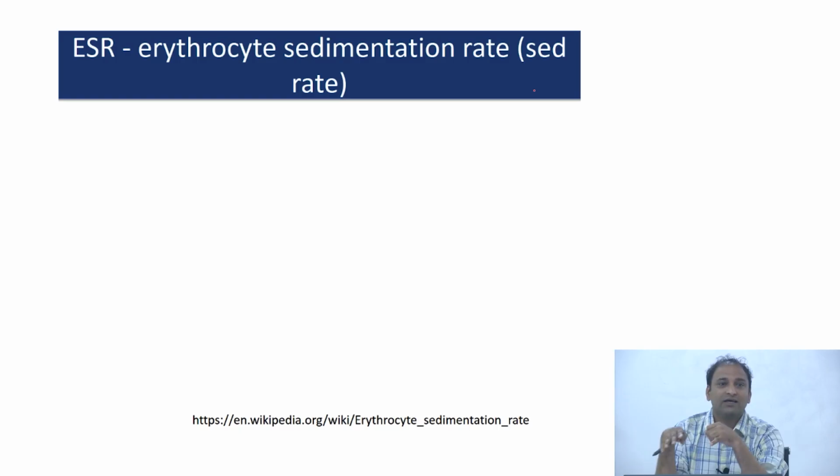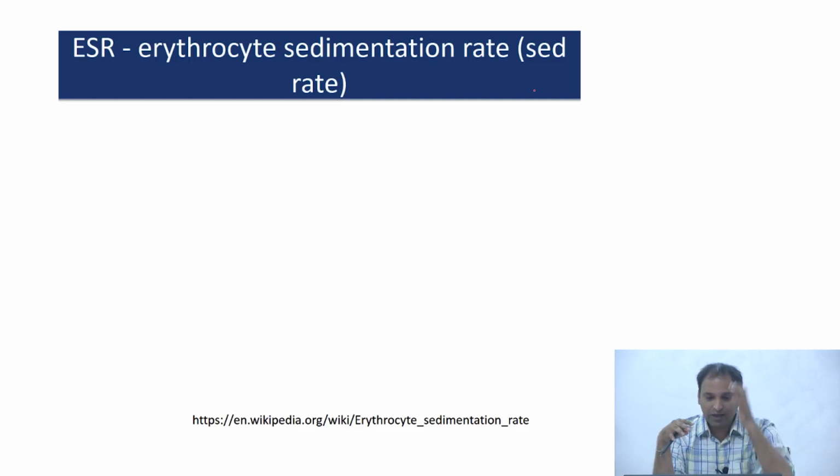Plus it is also one of the nice ways of finding out if there's something called inflammation. Whenever somebody has some disease, there's going to be inflammation. So these sedimentation rate measurements are simple measurements, a first tool for diagnosis.